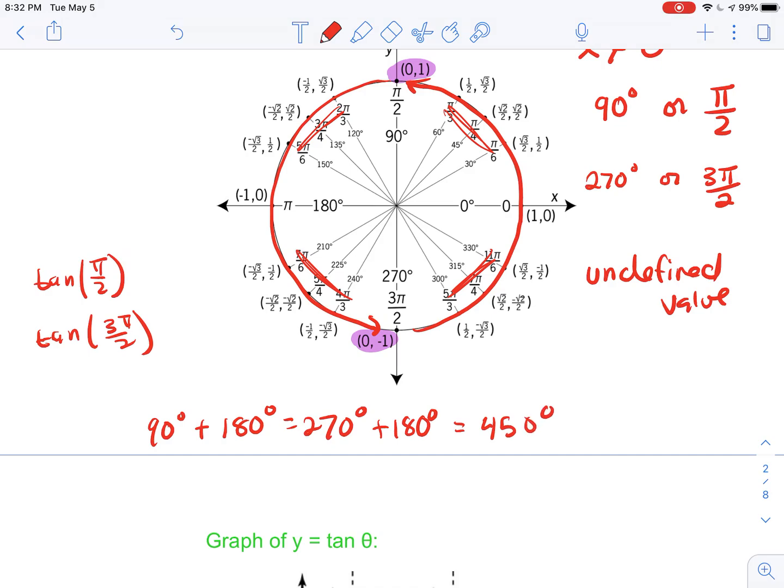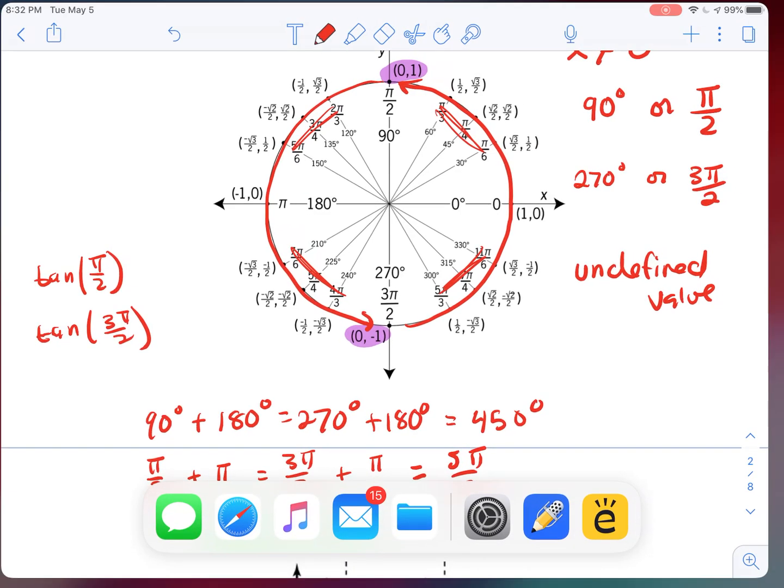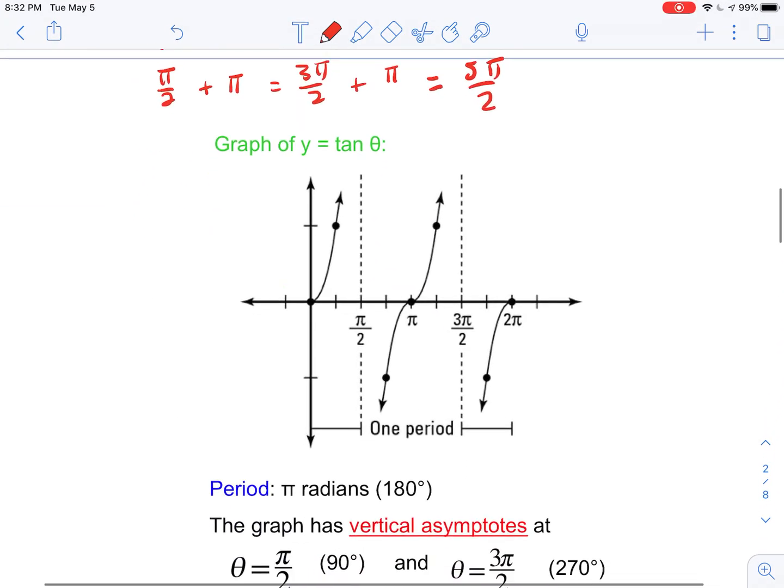If I add 180 again, it'll give me, what is that, 450? That's not going to work. And if we're working with radians, we can do the same thing with pi. 3 pi over 2 plus pi would be 5 pi over 2. So these are all going to be values that don't work.